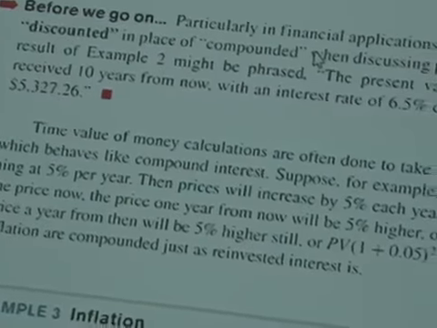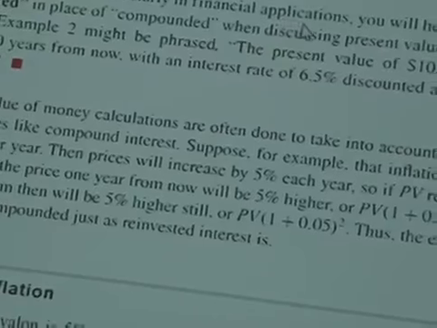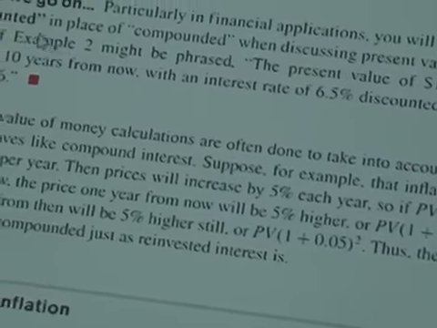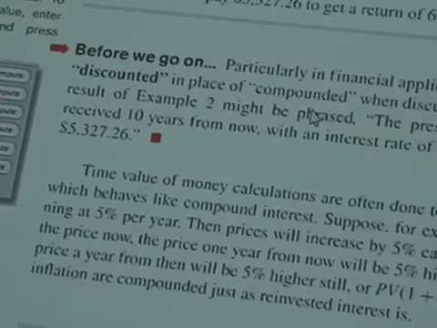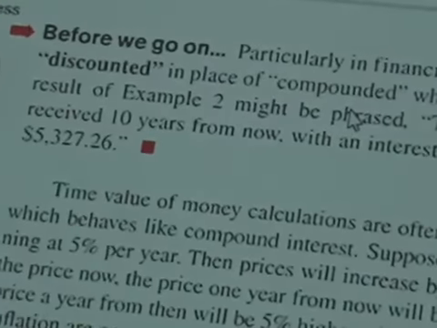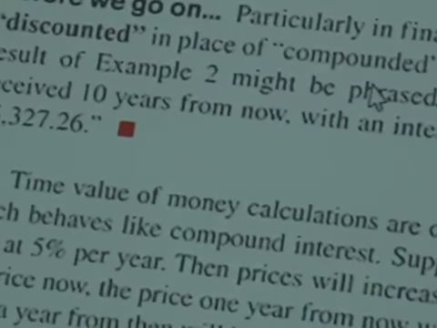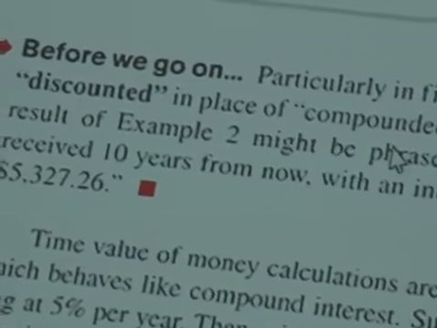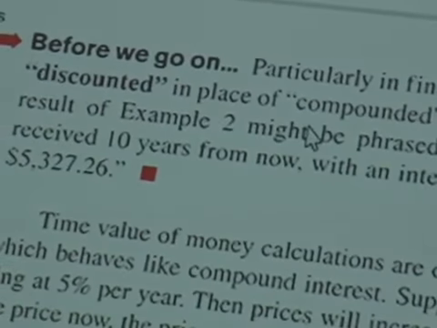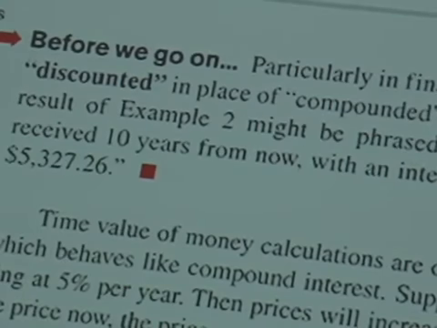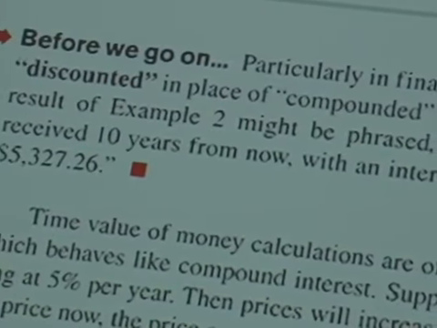Particularly in financial applications, you will hear the word discounted in place of compounded. That sounds so confusing to me. I don't know where they came up with this, saying discounted in place of compounded, when discussing present value.